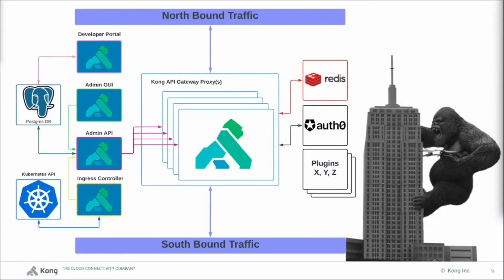Now, all of these configuration details have to get to the Kong data plane somehow. In the Kong gateway design, that is a push model. So the proxy containers sit there in your Kubernetes production or in your EC2, and they are operating based on the latest configuration that they have.